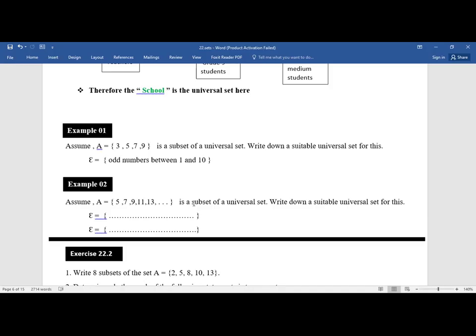Again, these are odd numbers. How can you provide a suitable universal set for this?